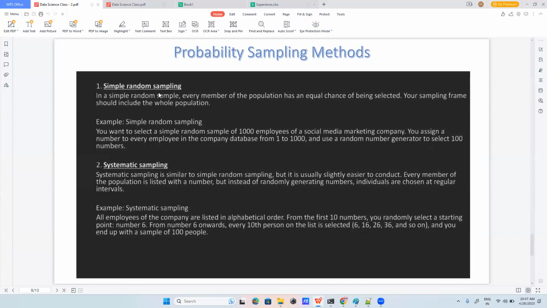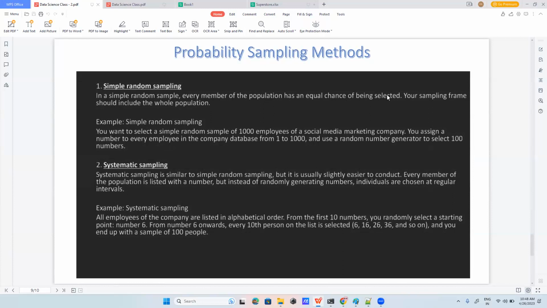Simple random sampling. In a simple random sample, every member of the population has an equal chance of being selected. Every person. We don't know which person will be selected. Say I have 100 people and I need 5 people to complete a task.